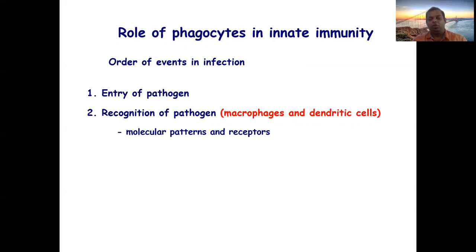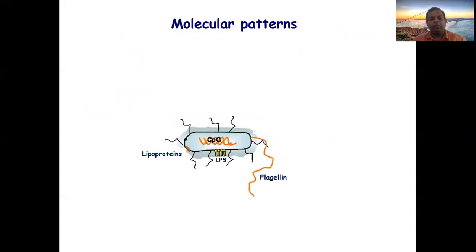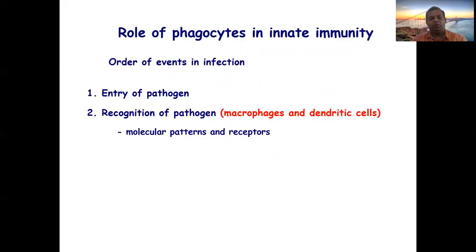For that, those pathogens also possess molecular patterns. Mainly they are called pathogen-associated molecular patterns. So those cells contain pattern recognition receptors, PRRs. PAMPs, pathogen-associated molecular patterns.